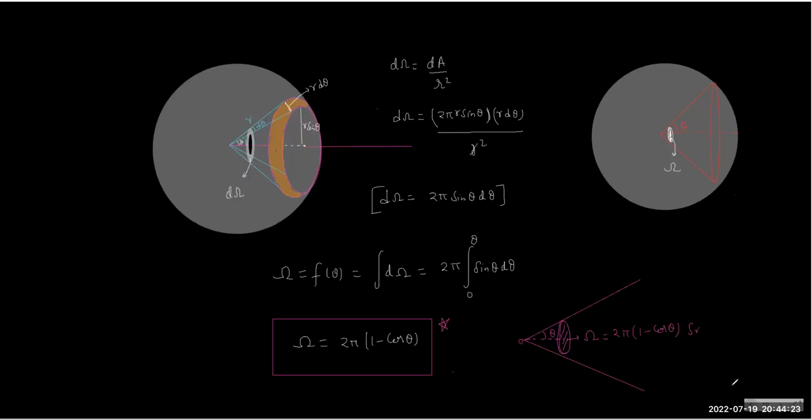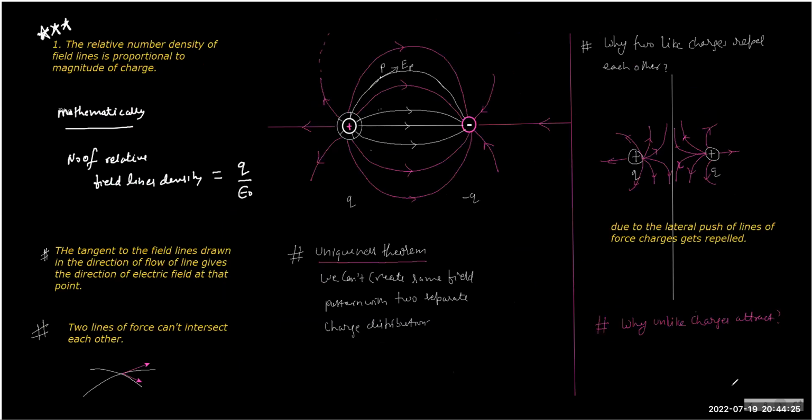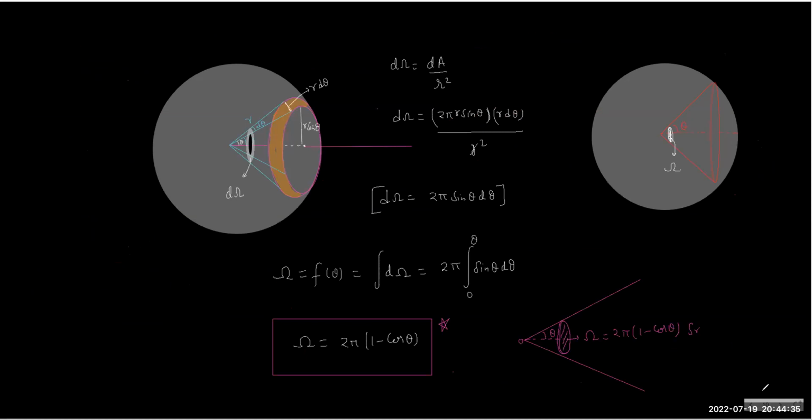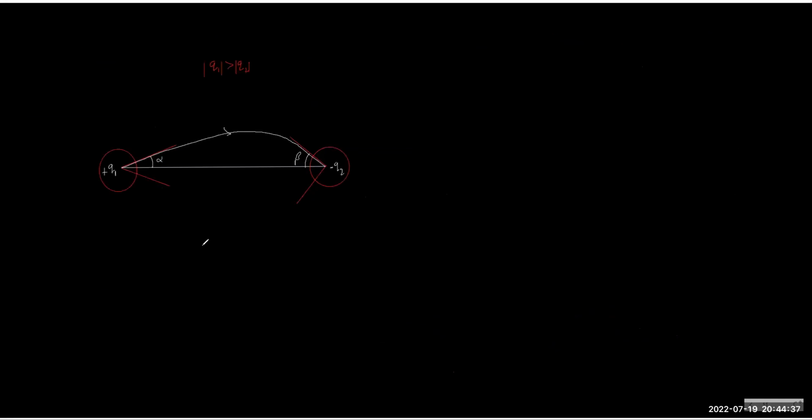You see a small angle. You see that? So it means every line of force which is part of this angle alpha is equal in number to what can terminate in the angle beta. So what beta can terminate is what alpha can emanate.